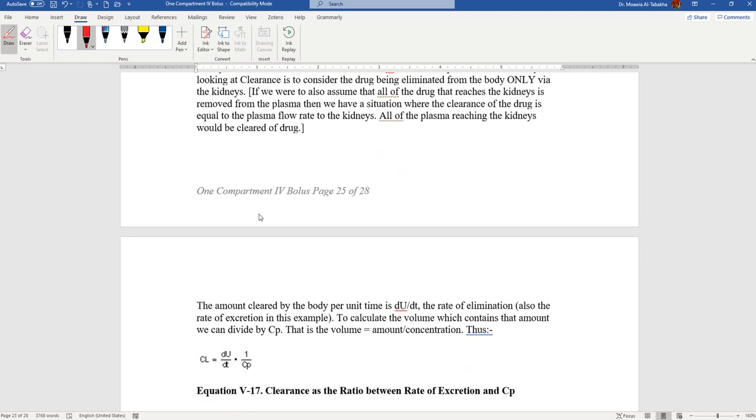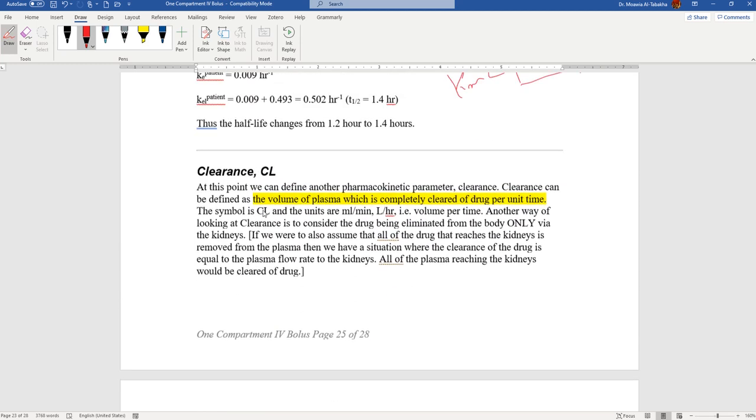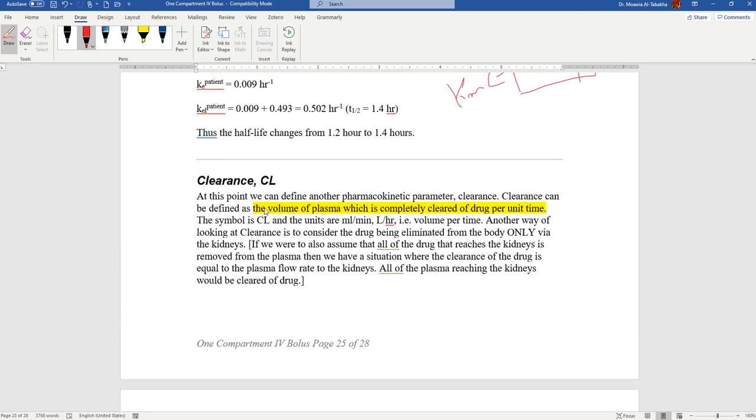Well, the definition of clearance is the volume, pay attention, the volume of plasma which is completely cleared of drug per unit time.